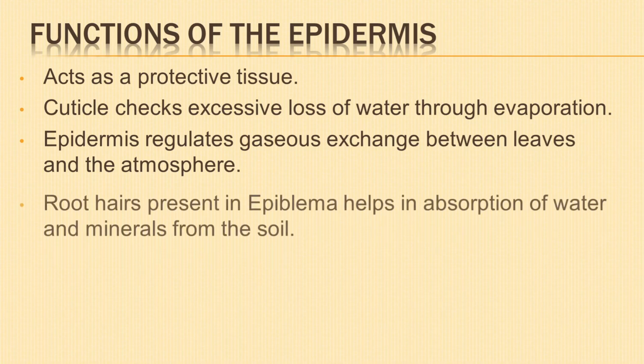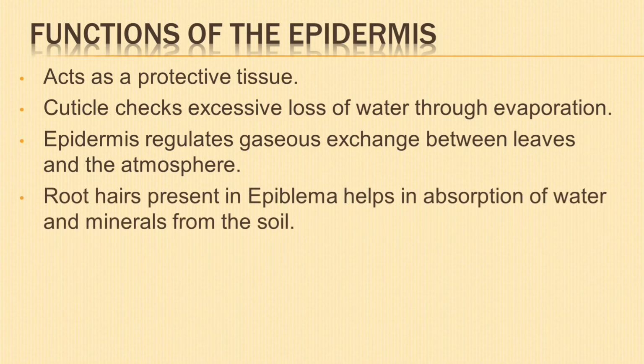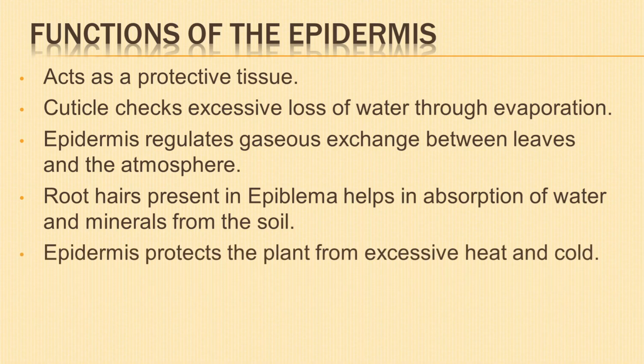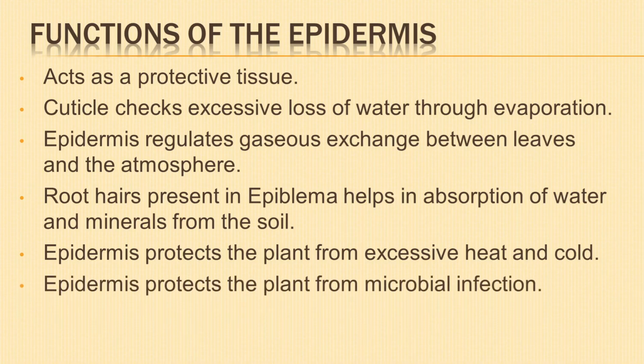Root hairs present in the epiblemma help in absorption of water and minerals from the soil. Epidermis protects the plant from excessive heat and cold. It also protects the plant from infection by parasitic fungi and bacteria, and also from the attack of herbivorous animals.